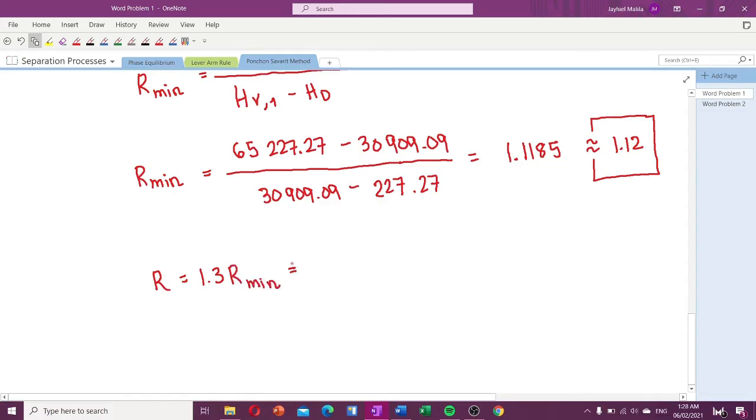So that means 1.3 times 1.12, and that will be equal to 1.456, or you can just use 1.46. That's the value of our reflux ratio that we're going to use.